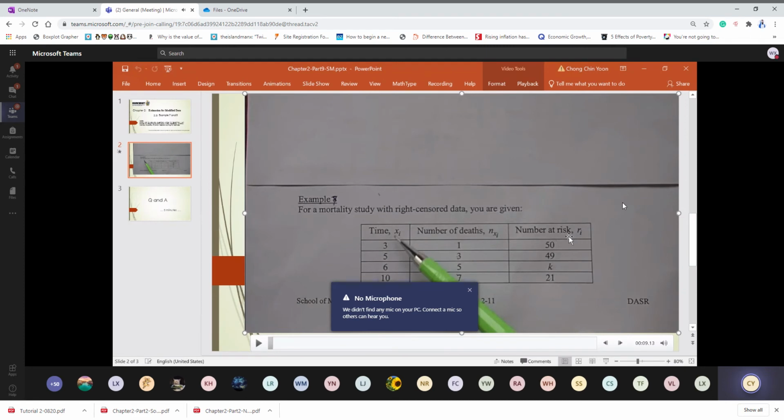So this question already skips the information about the truncation and the censored value, because they already give the risk set value. Whether it involves truncation, censoring, or not is not an issue anymore, because the risk set is already given. So in other words, we straight away apply the risk set value to this Nelson-Aalen.